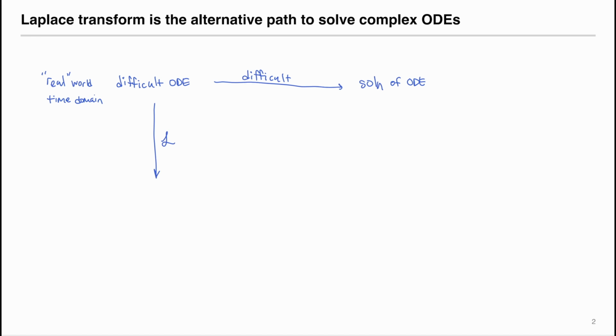to the Laplace domain, or the S domain. So now we have an easy algebraic expression.